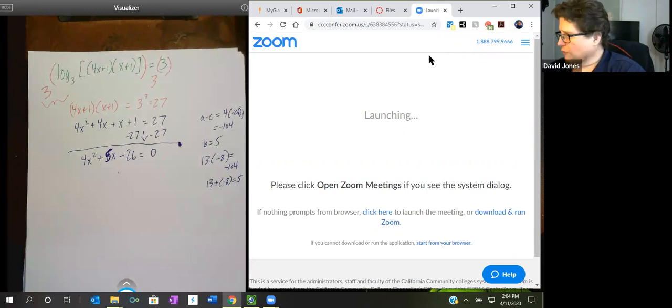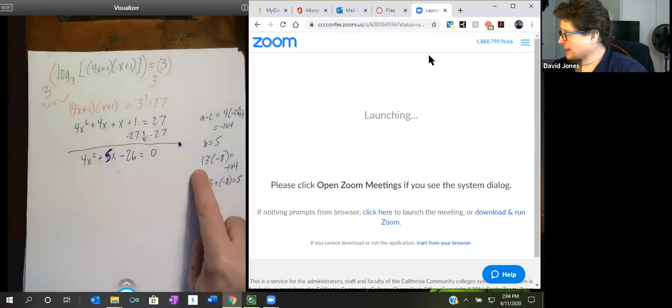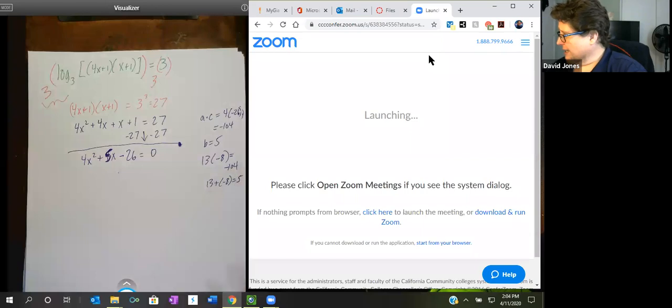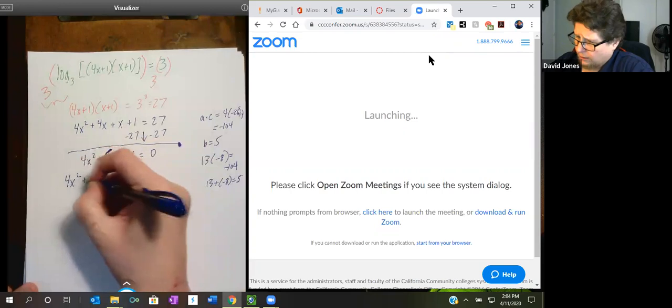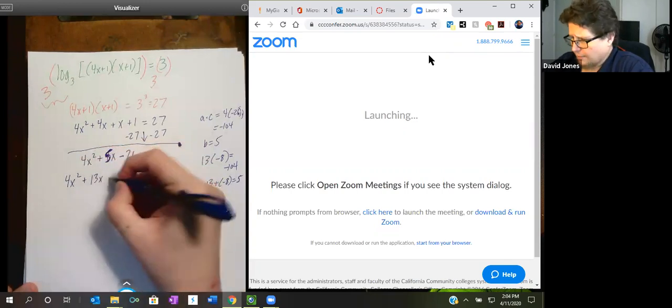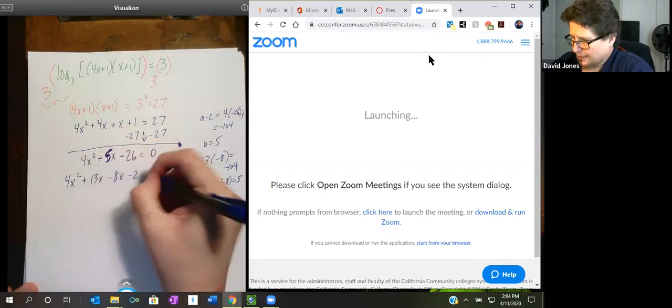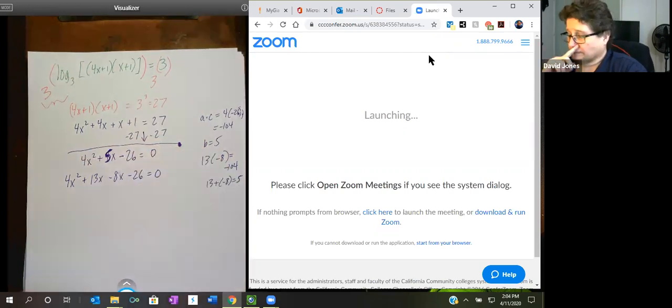or you could have used the quadratic formula. If you use the quadratic formula, you're going to have a different approach. This tells me I have 13 and negative 8 as how I split it up. So I got 4x squared plus 13x minus 8x minus 26 equals 0.